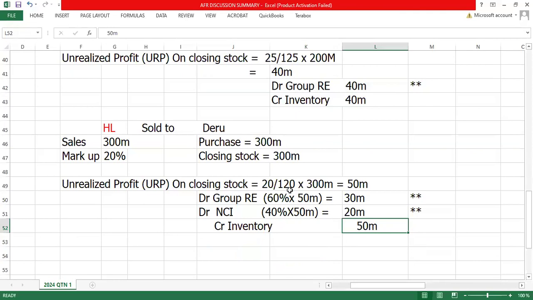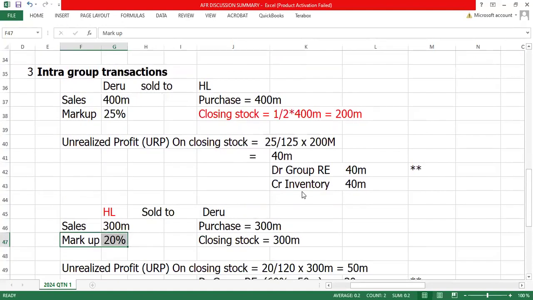If it's margin, you simply get that percentage, 20% times the closing stock. You don't get 20 over 120. That is 20 out of 100 times the closing stock. And always pay attention to who is selling.